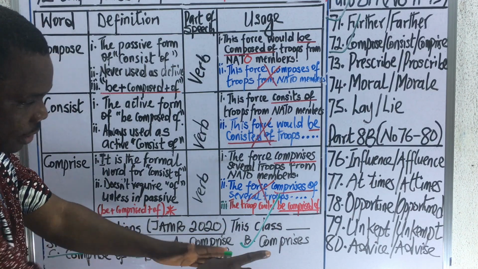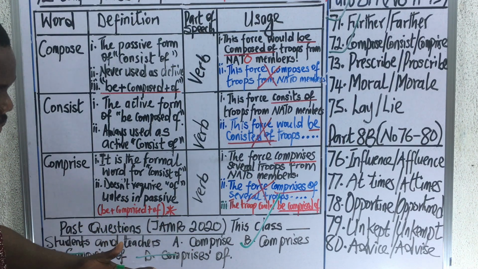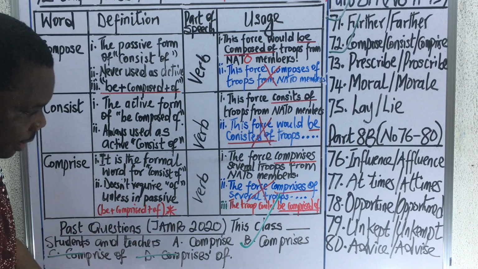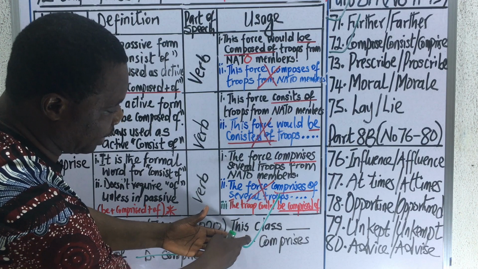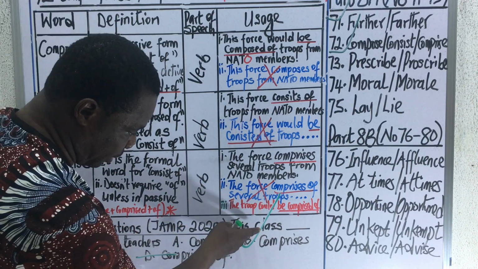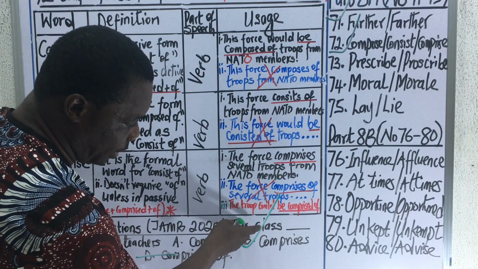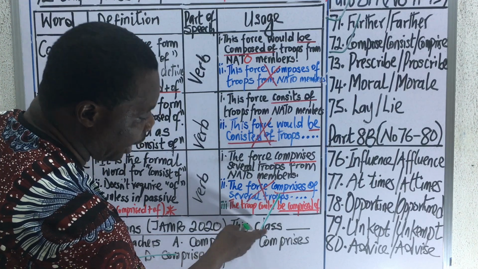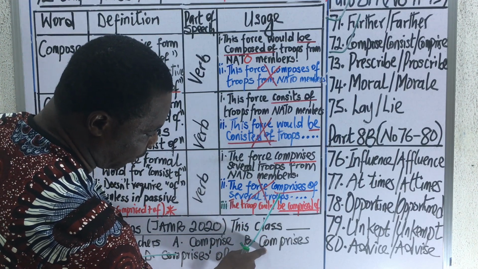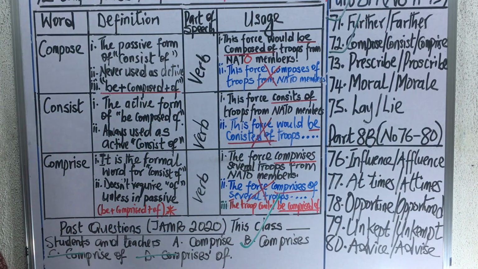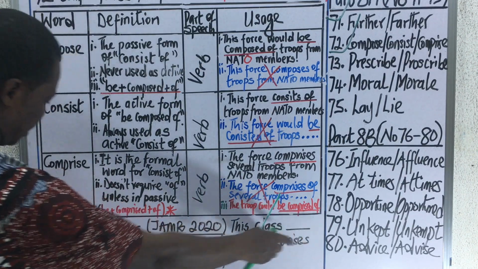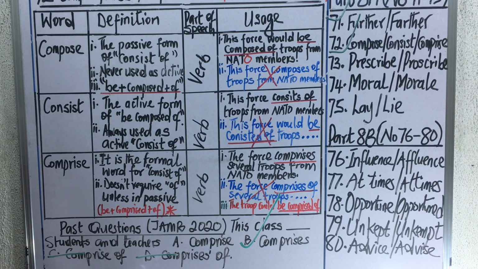So since the rules of Concord state that a singular verb must agree with a singular subject, this class, being a singular subject, will have to agree with the singular verb comprises. So that is why the correct answer is this class comprises students and teachers. So B is the correct answer.